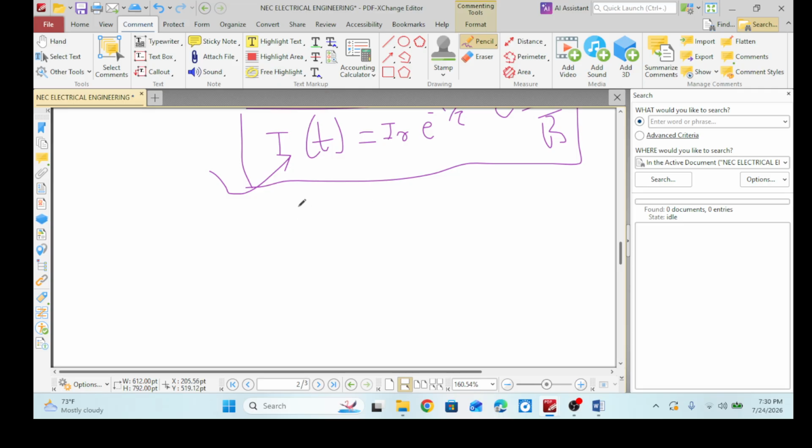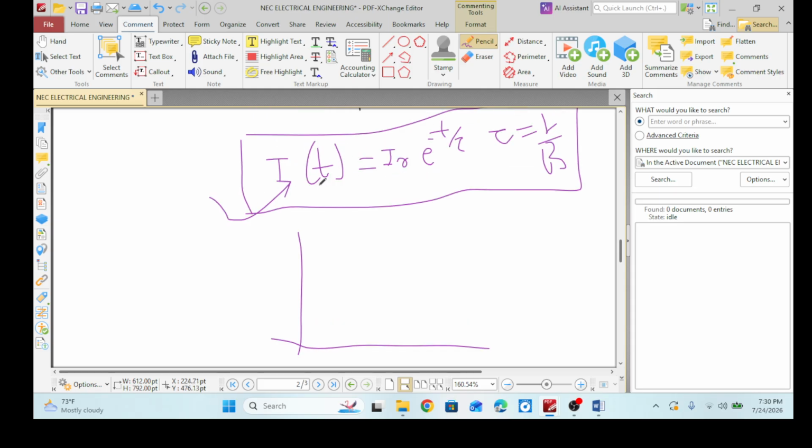Now let's see how the graph will look. At t smaller than 0, there is a steady current, that is I naught, and after that, at t equal to 0, the current will start decaying, and it decays like this because it has a minus exponential term.